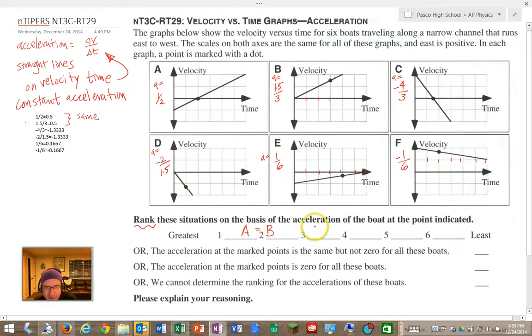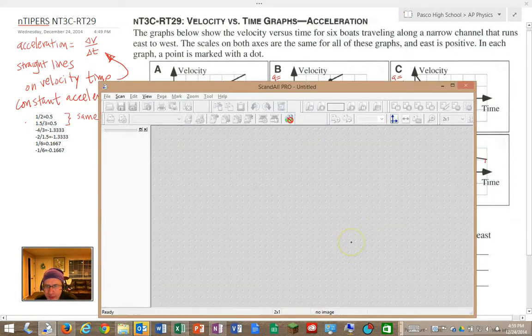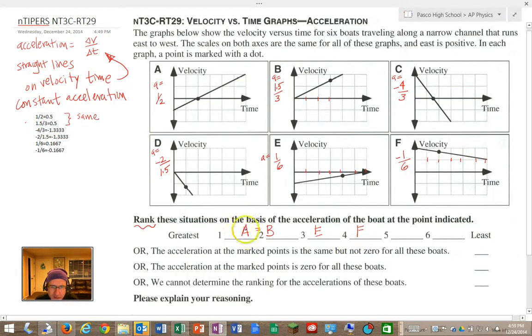E. E is next, because E is a very small positive acceleration. And then we have to do the negative acceleration. So which is the least negative? I think we'd have to do F then. And then, do you see how F is negative 1/6? So what I'll do is I'll write them here.